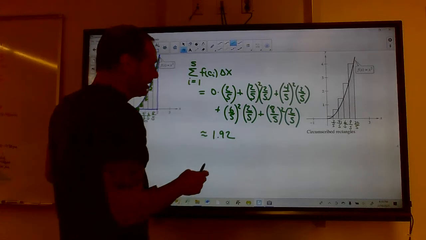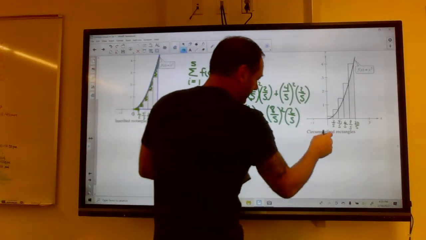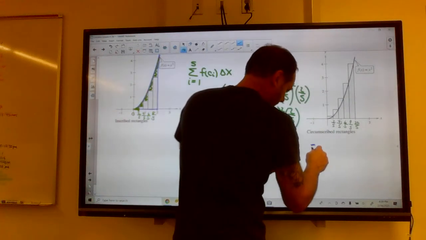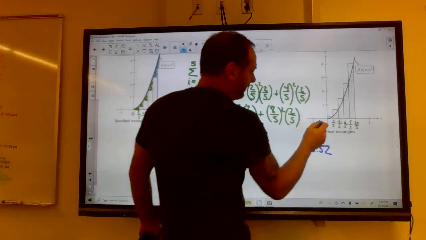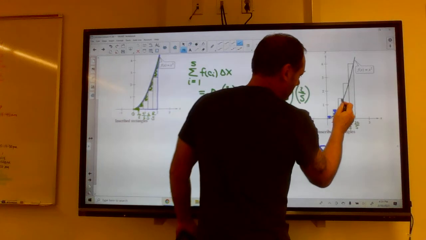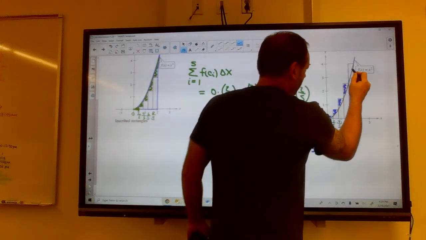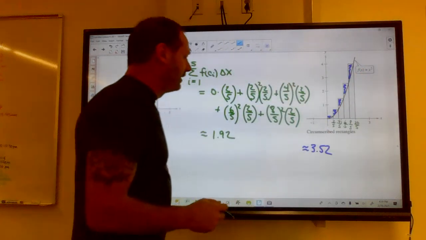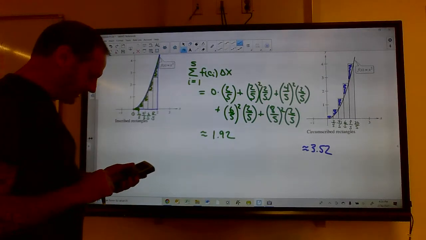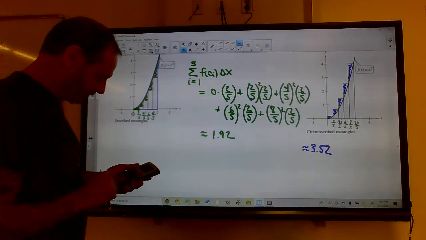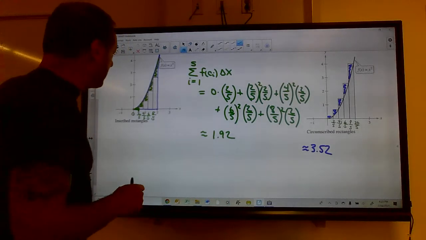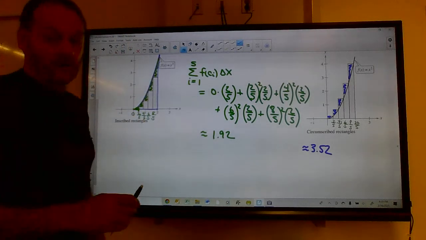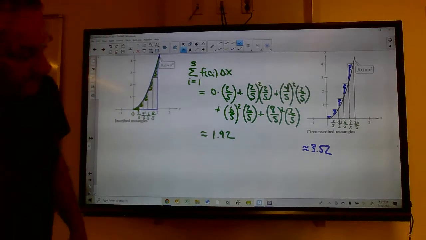And it comes out to be 3.52 approximately. Now this is too big because I've got all these areas right here that are not under the curve. So I can average those two things, divide by 2, and I'm going to get about 2.72, and that's going to be about my area underneath that curve. It's going to be pretty close.